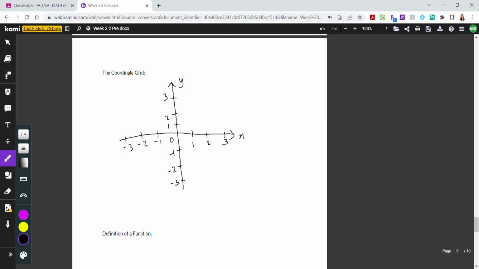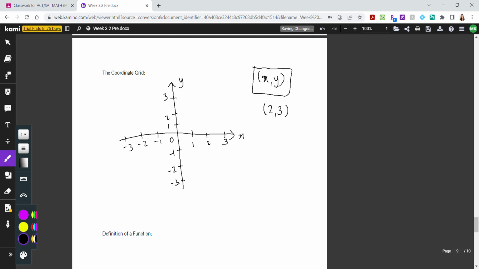So from here, coordinates are read in terms of x, y, and they're written in this format, parentheses x, comma, y.